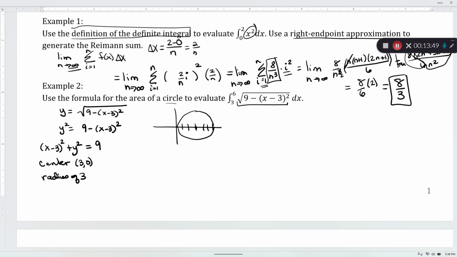However, this function is only positive values, so we'll take that part of it off. And then the next part says we're just going from 3 to 6. So actually, we don't need that part either. This is 1/4 of the area of a circle.